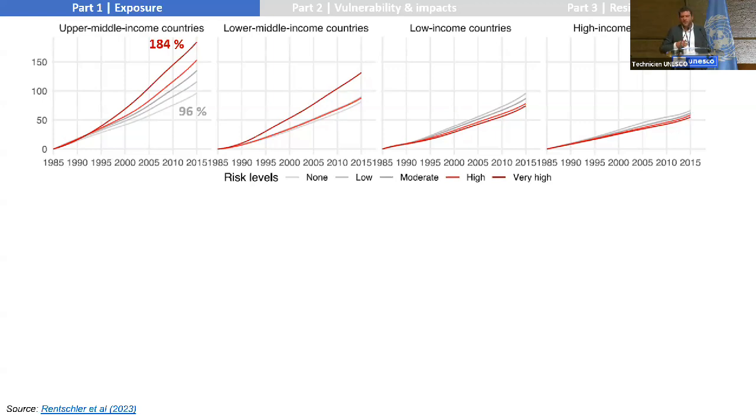And in high-income countries, it's because a lot of the growth has already happened. So it's not saying that urban areas in high-income countries are necessarily safe, it just means that the additional urbanization has been safer.